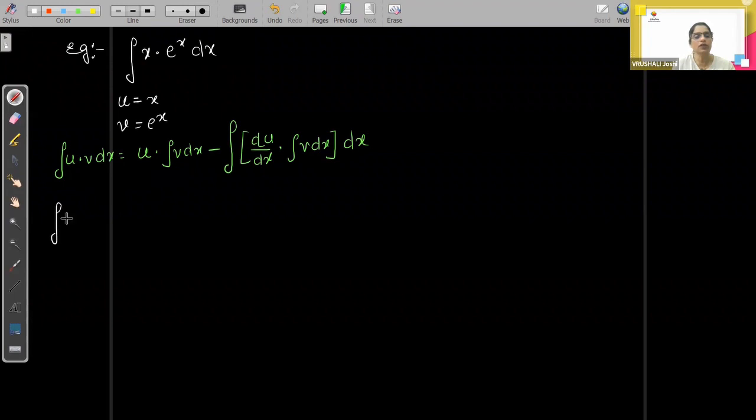Now we have integration of x into e to the power x dx. This is equal to what?